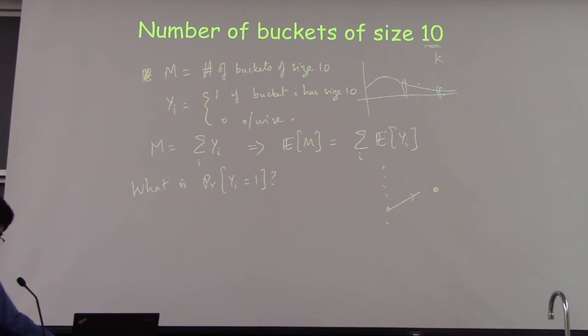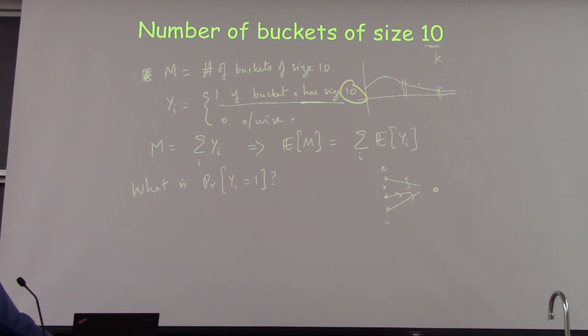So what's the probability that yi equals 1? That there exist 10 different things on the left that go into this. Remember, I'm saying it's exactly 10. What I'm claiming is you can write a closed form for this.